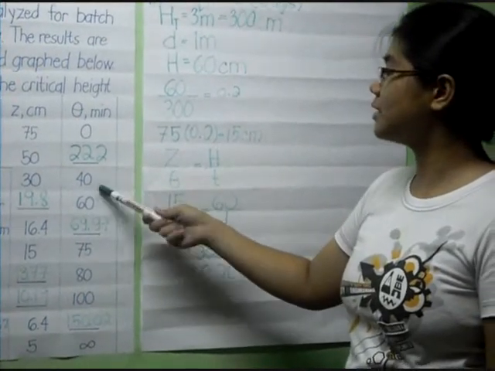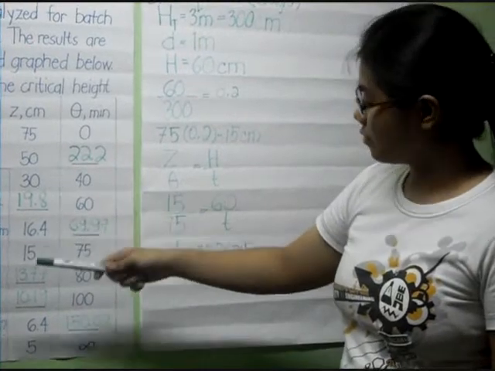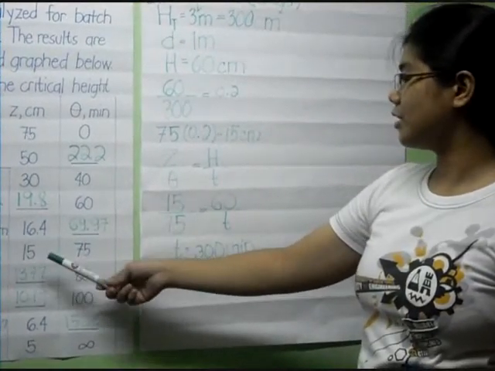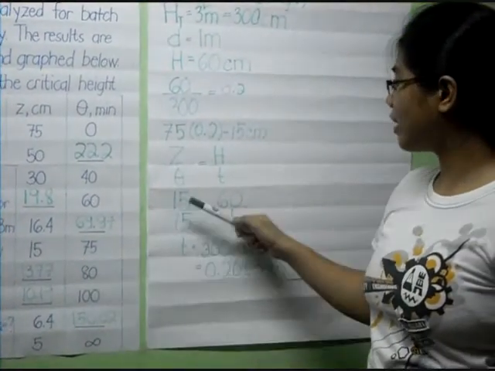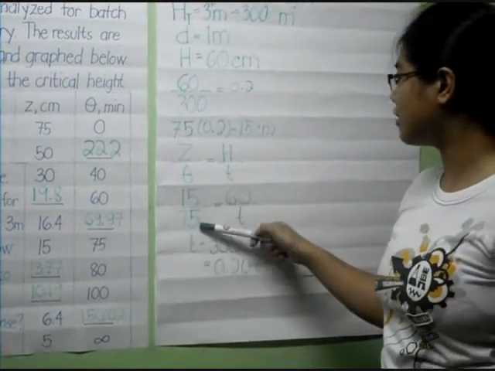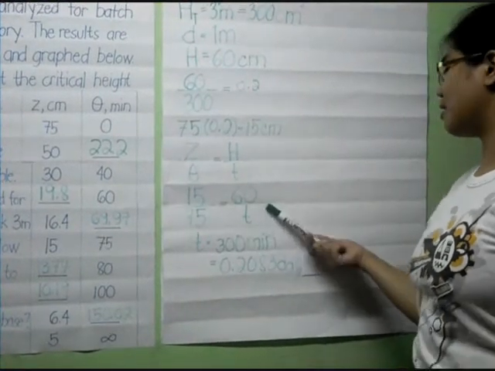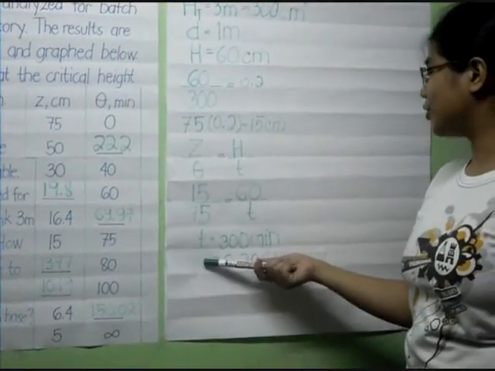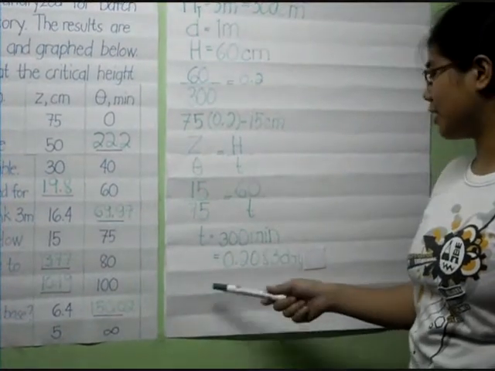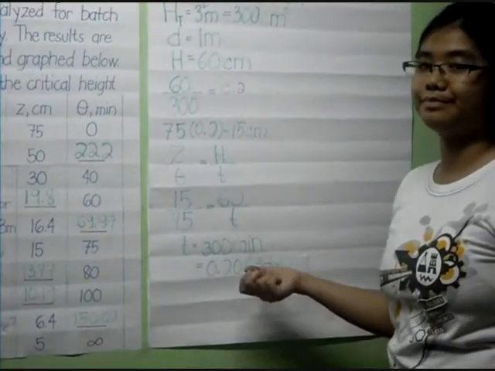So from this table, the 15 centimeters is here, and so I got 50 centimeters, and the time, which is 75, and the 60, and then I got the time, which is 300 minutes, or in days, 0.2083 days.